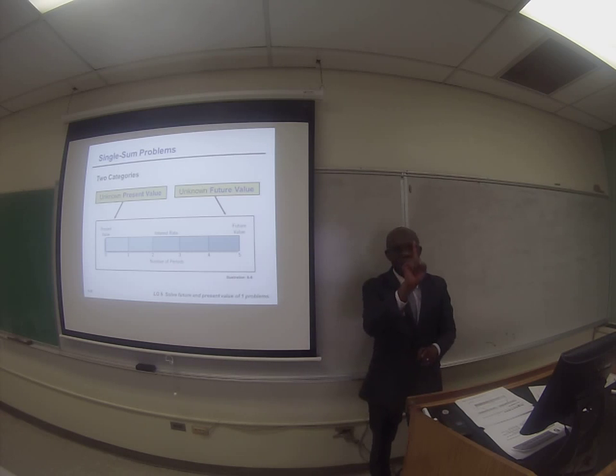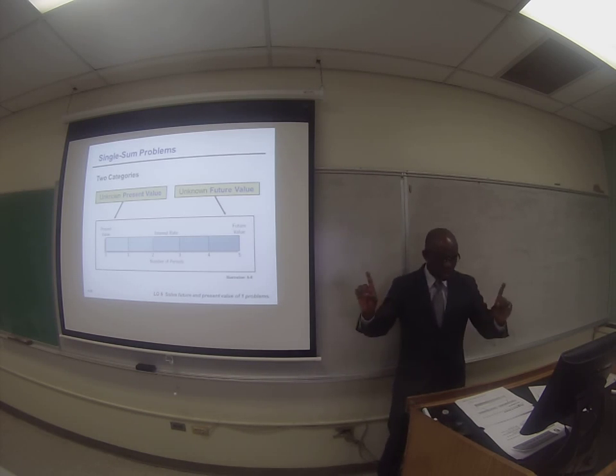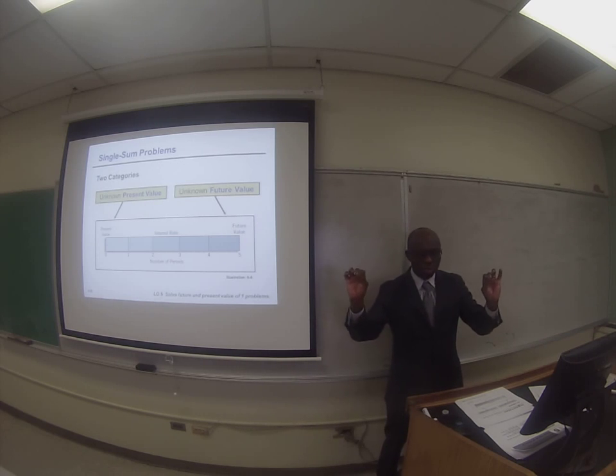If we invest $10,000 today for 5 years, that $10,000 is a single sum. If we invest $10,000 every year for the next 5 years, that is not a single sum. That is what we call annuity. But here we are zeroing in on single sum problems.